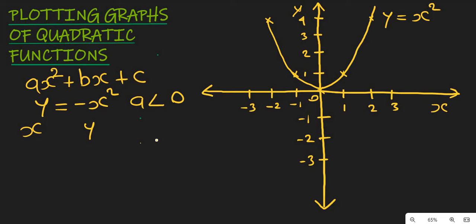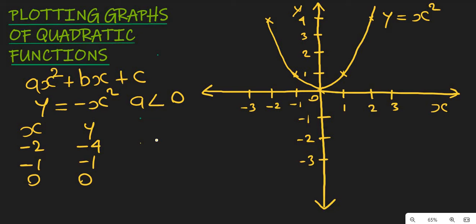When x is minus 2, y is minus 4. Minus 2 squared is 4. 4 multiplied by minus 1 is minus 4. Minus x squared means minus 1 multiplied by x squared. When we substitute minus 1, we get minus 1. When we substitute 0, we get 0.